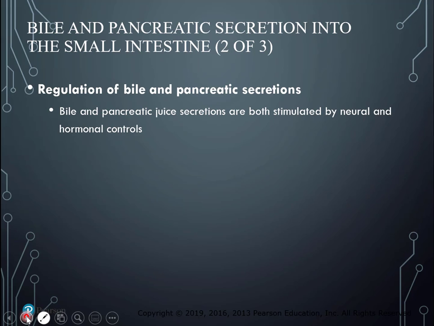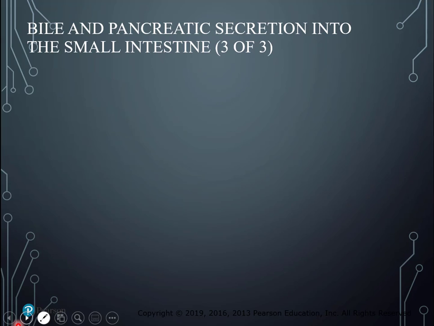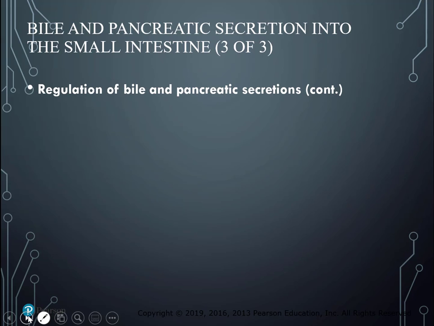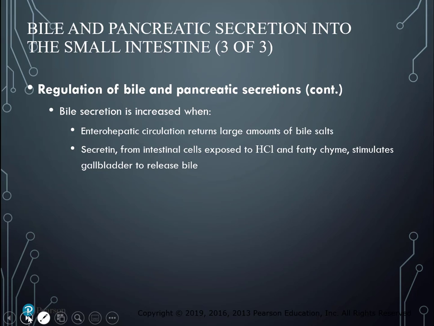Okay, so what regulates the secretion of bile and pancreatic secretion? Well, they are both stimulated by neural as well as hormonal secretions. Hormonal control would include cholecystokinin and secretin. Bile secretion is increased when the enterohepatic circulation returns large amounts of bile salts.